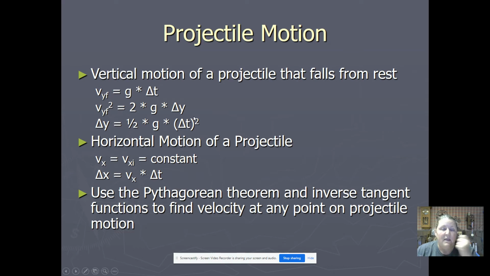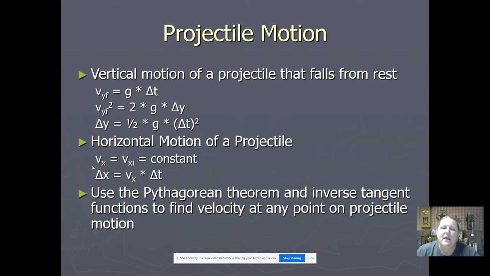If you want to calculate how far from the cliff it landed, so the horizontal component, delta x is going to be your x velocity times delta time.